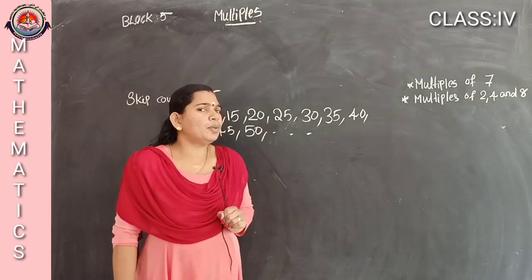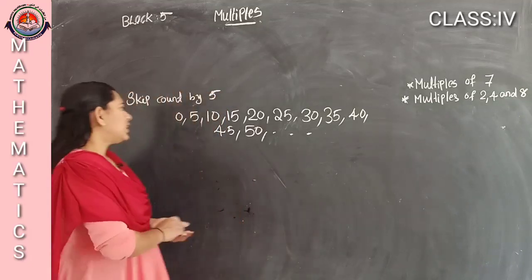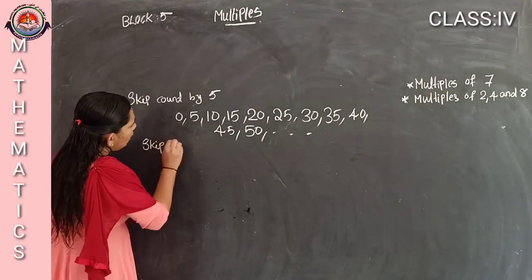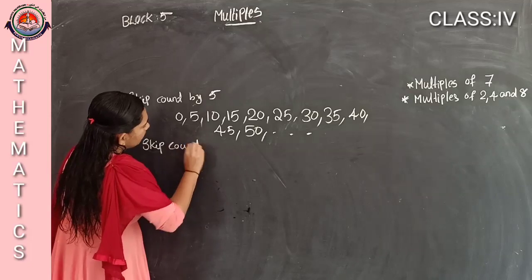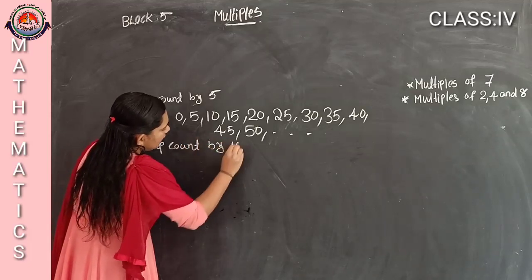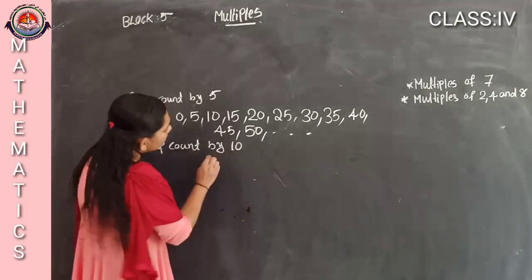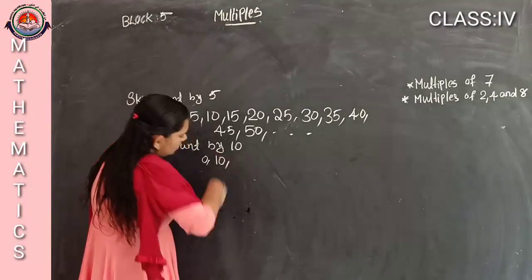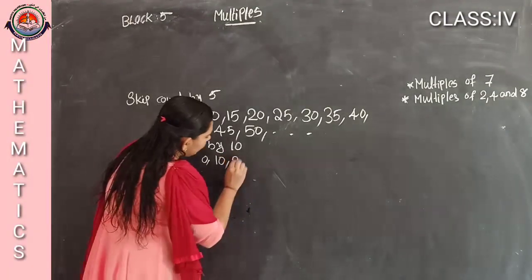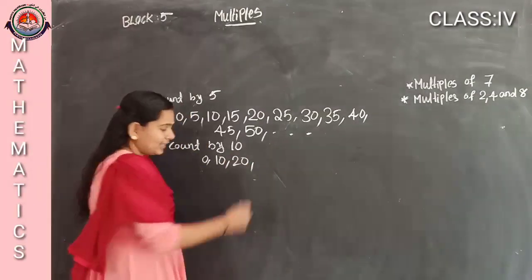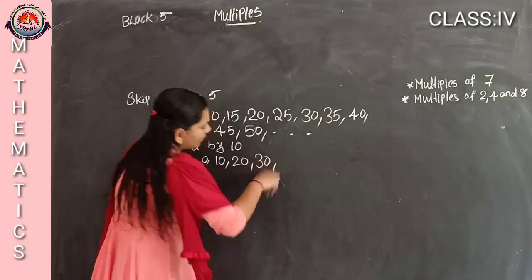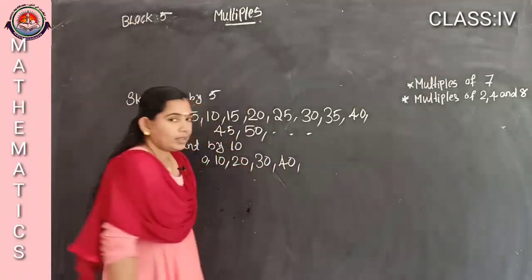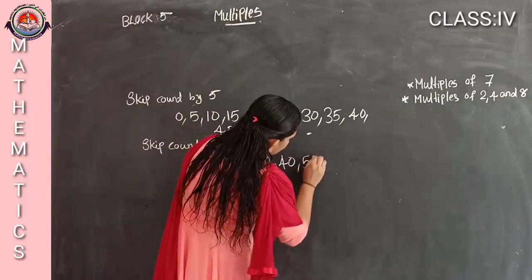Then skip count by 10. What are the values of skip count by 10? Skip count by 10, starting from 0. Yes, first 10. Then 20. Next, very good, 30. Then 40. 50.